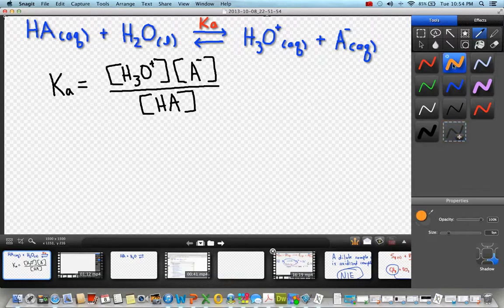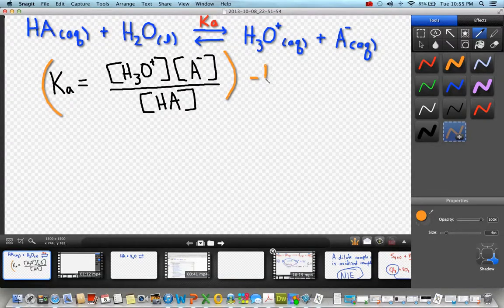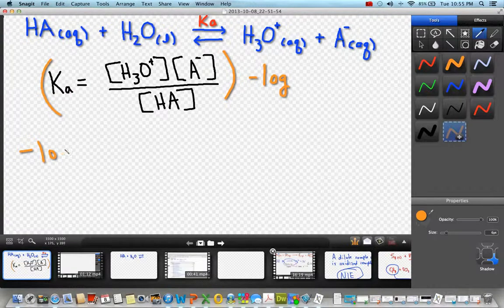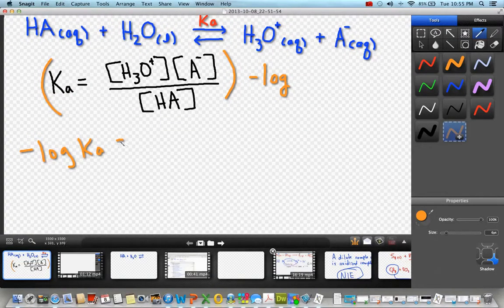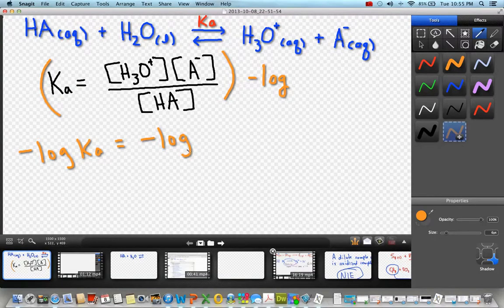What we want to do now is to mathematically manipulate this expression. So I'm going to take the negative log of the entire equation. And I will obtain the negative log of Ka equals the negative log of H3O plus.